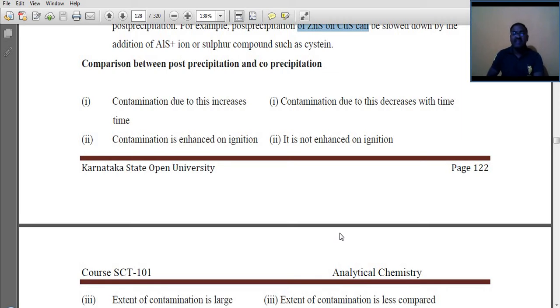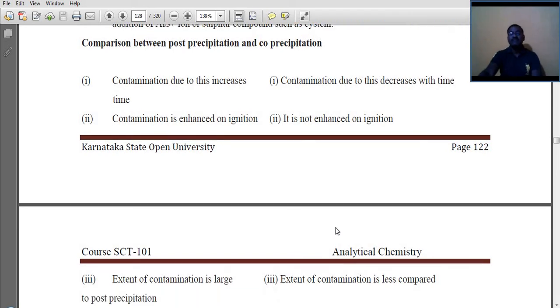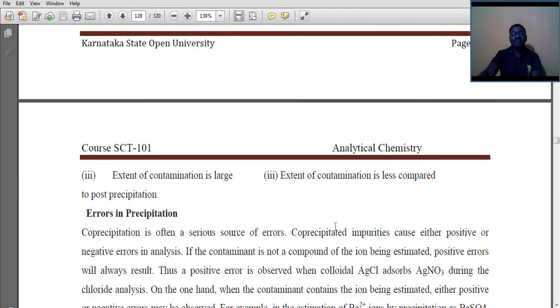Contamination is enhanced on ignition in the case of post-precipitation. It is not enhanced on ignition in co-precipitation. The extent of contamination is large in post-precipitation. The extent of contamination is less in co-precipitation compared to that.